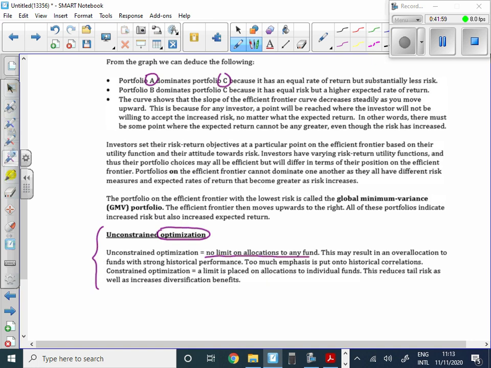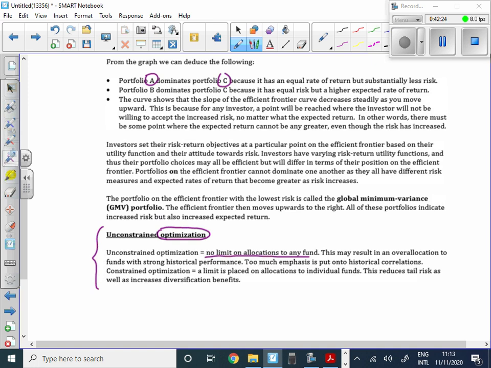What's the downside perhaps of this? It may result in an over allocation to funds that have got strong historical performance. I might start to invest greater weightings into funds with good past performance. Too much emphasis is then placed on historical correlations.